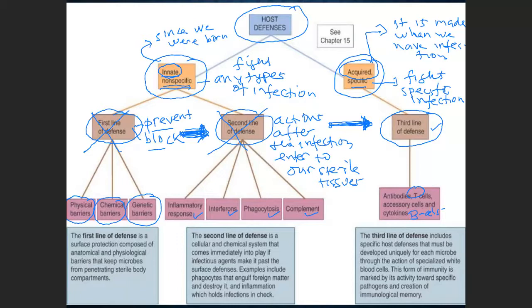Then the second type is called the specific defense mechanism. It only fights against specific infection, and it is acquired. It will be made after the infection or during the infection. So this specific defense mechanism is also our third line of defense mechanism.